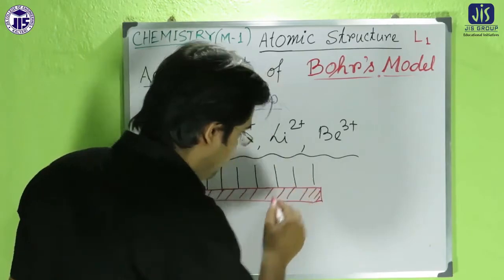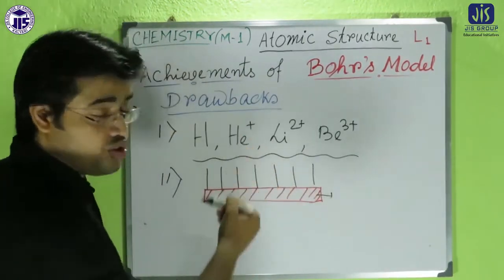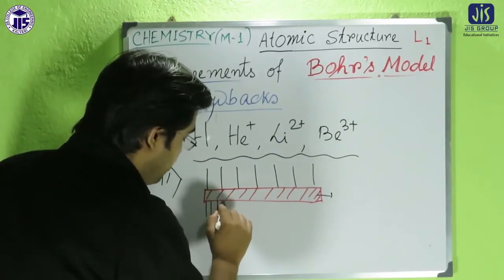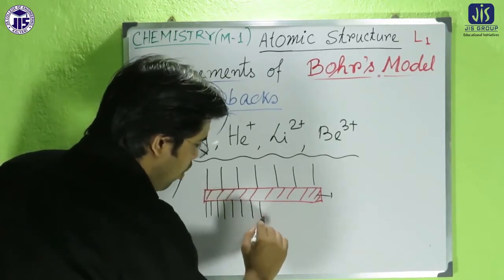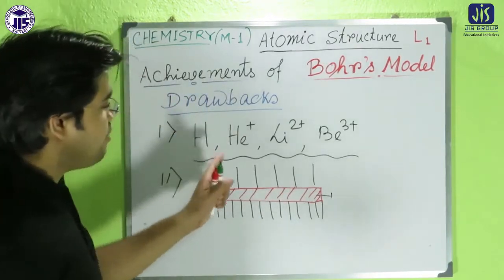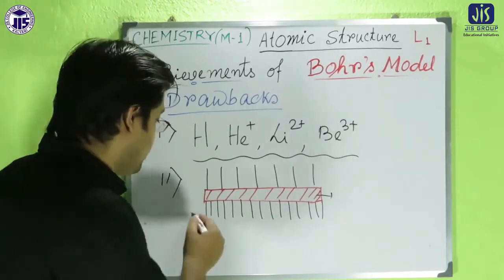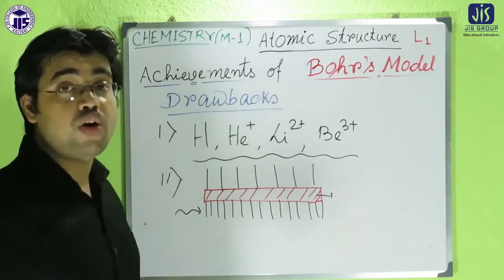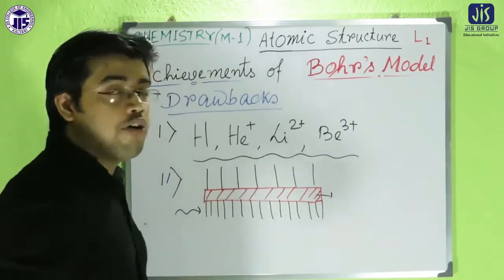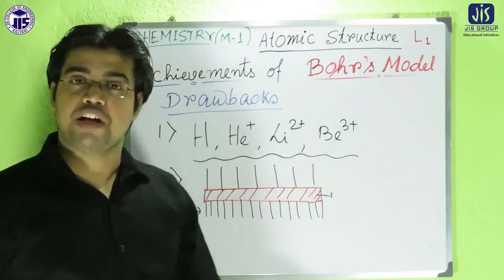If we pass each individual line through a high resolution spectrophotometer, then each and every line again splits into small lines. It was not clear why each line splits into small lines. That splitting is called fine structure. That means the hydrogen spectrum also gives the fine structure in the presence of a high resolving power spectrophotometer.